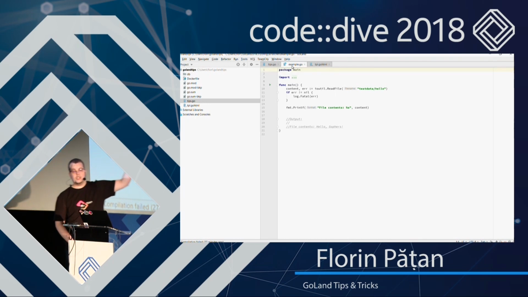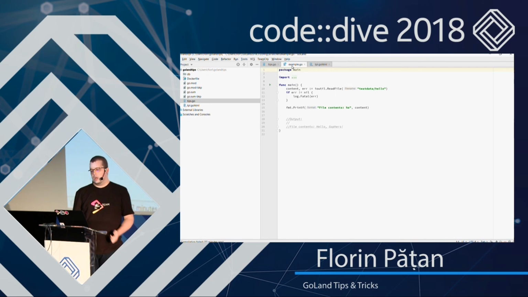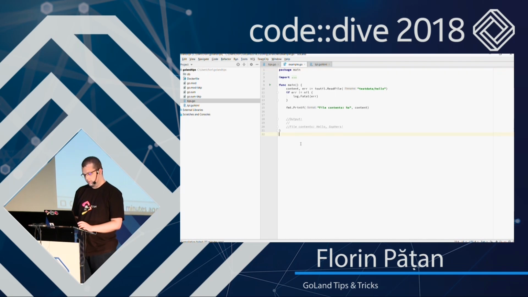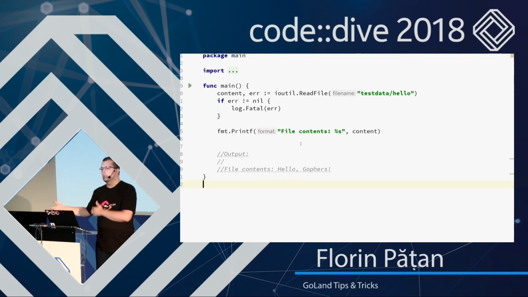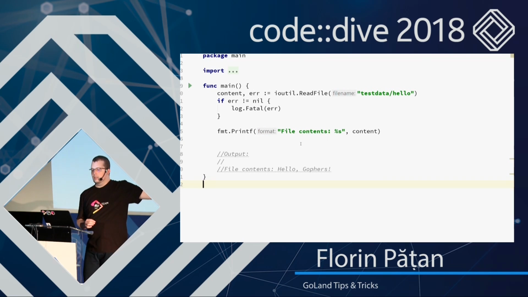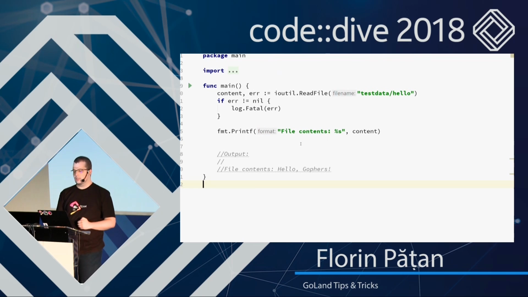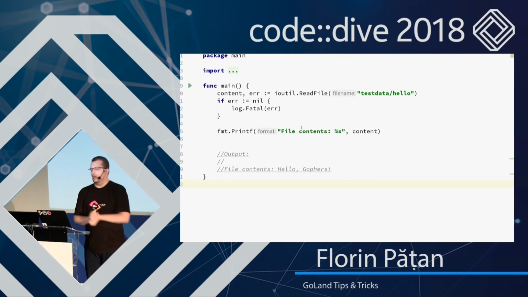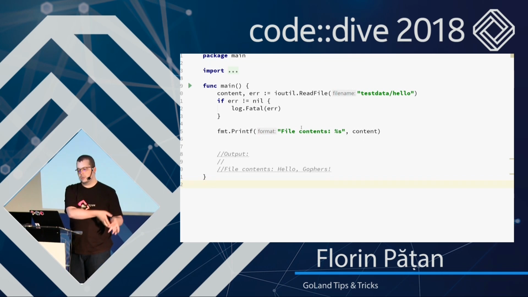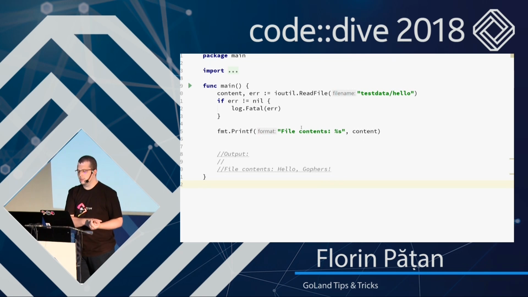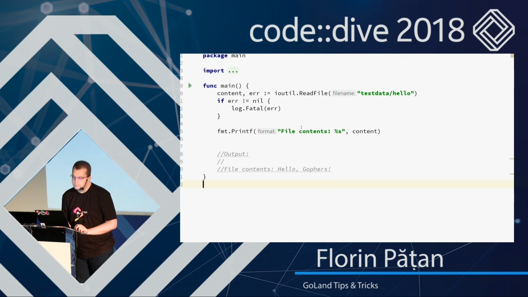What you don't see, because I'm in presentation mode, is that this example right here, and I hope you can actually see it, if not, come forward, is in a Scratch file. So what the IDE did for us was to take the contents of the example that someone actually wrote and put them in a file that we can now run. So if we want to quickly inspect a function, we can write an example for it, and then the IDE is smart enough to go and create a file on its own, put the example there, and let us work with it.